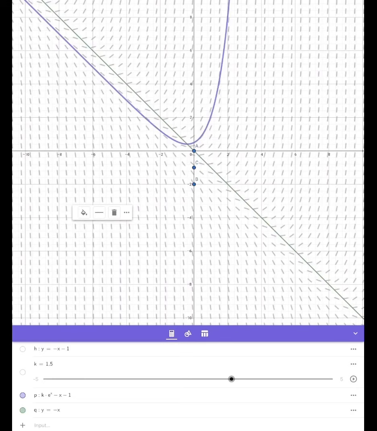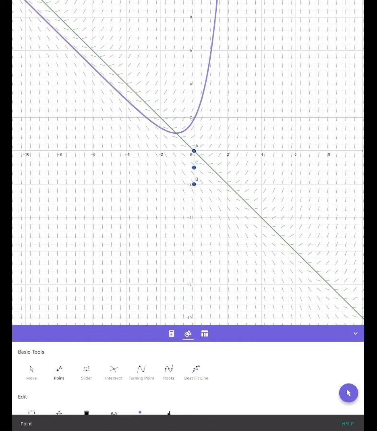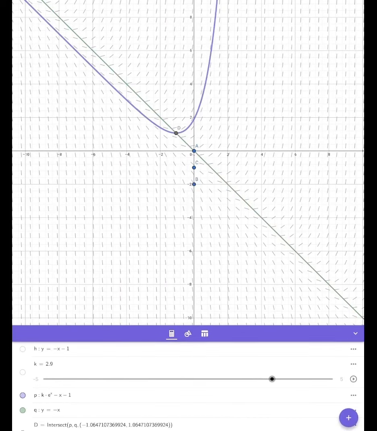But here we have a family of functions, not just one function with one stationary point. We have a family of functions with a family of stationary points. And if I be brave and try to put a point at the intersection of those, there we go. What you can see is where this curve has a stationary point always occurs simultaneously with y equaling negative x.